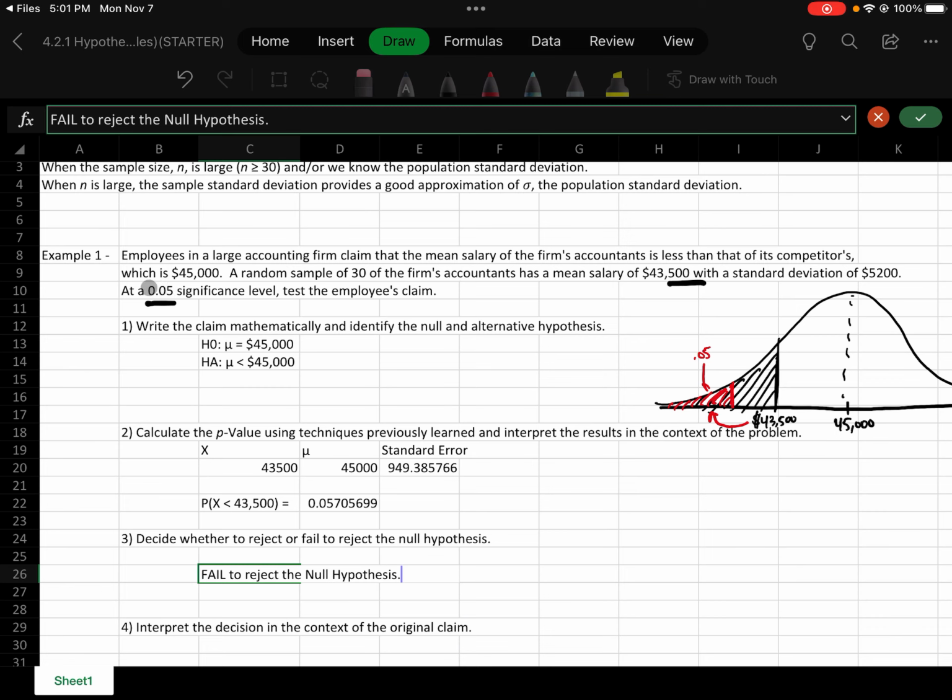The probability would have to be smaller than this value for me to reject the null hypothesis. So in this case, it's bigger. It's just a little bit bigger, but it's bigger.